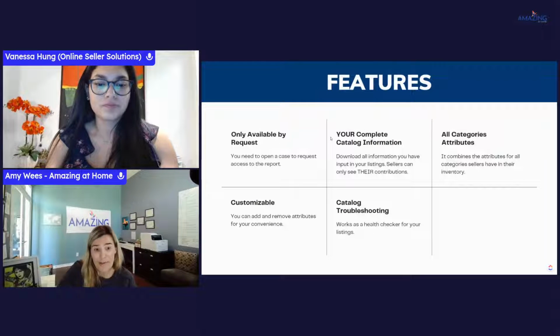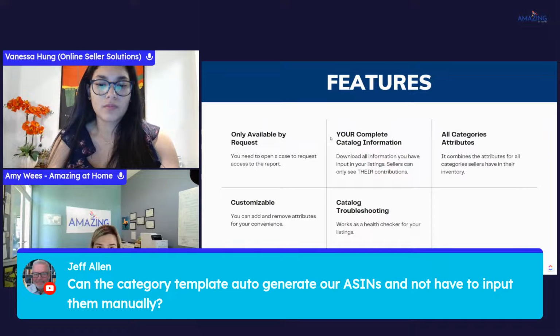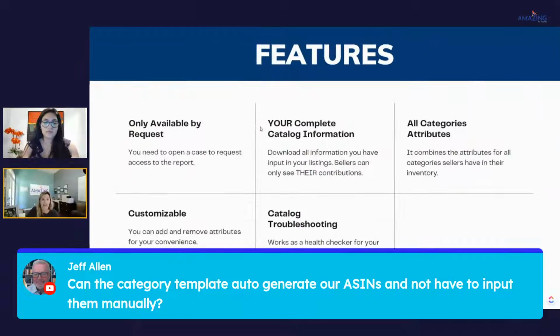Yeah, and that automatically answers Jeff's second question here, which is, can the category template auto-generate our ASINs, or do we have to put them in manually? And when you download a category listings report, Jeff, you can automatically have your ASINs and any information that is associated with those ASINs inside of that category listings report.